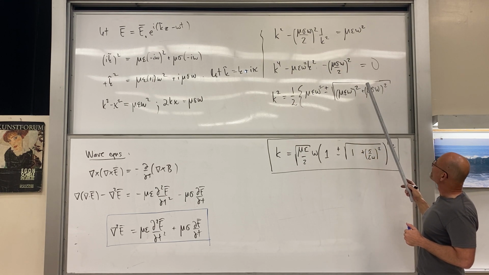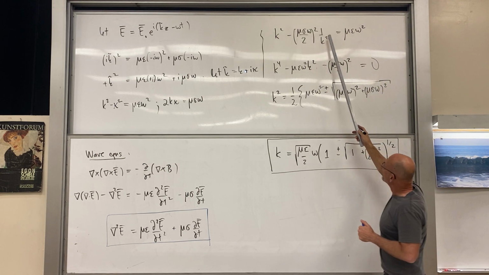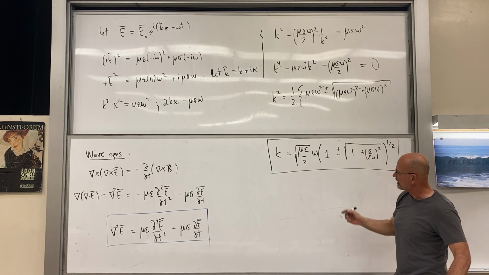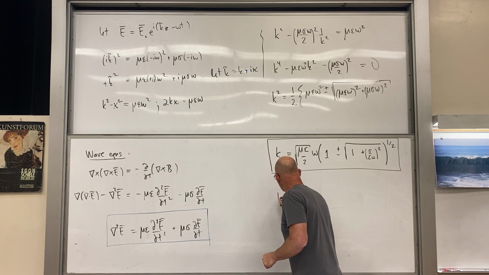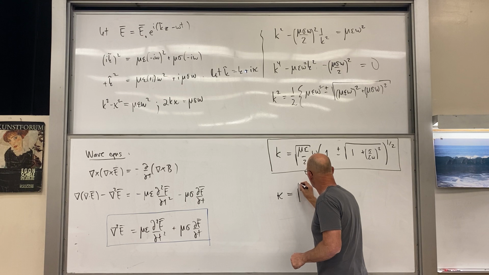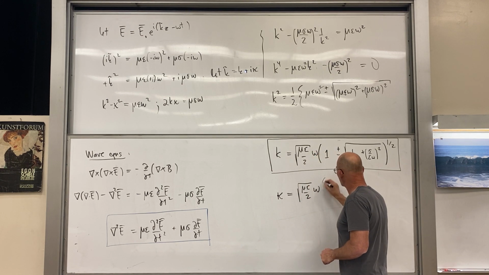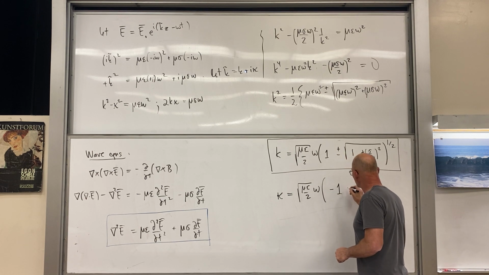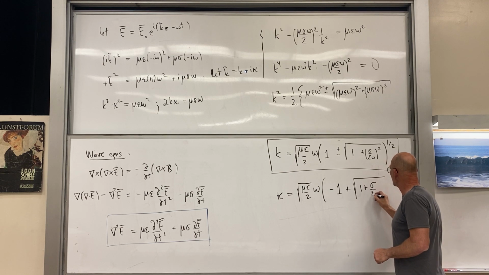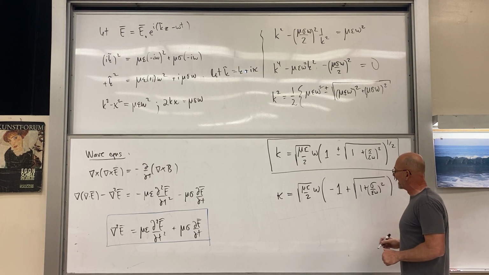So everything actually gets the same prefactors, except they've been switched. So what we end up with is the same root mu epsilon over 2 omega, minus 1 plus sigma squared, to the 1/2.